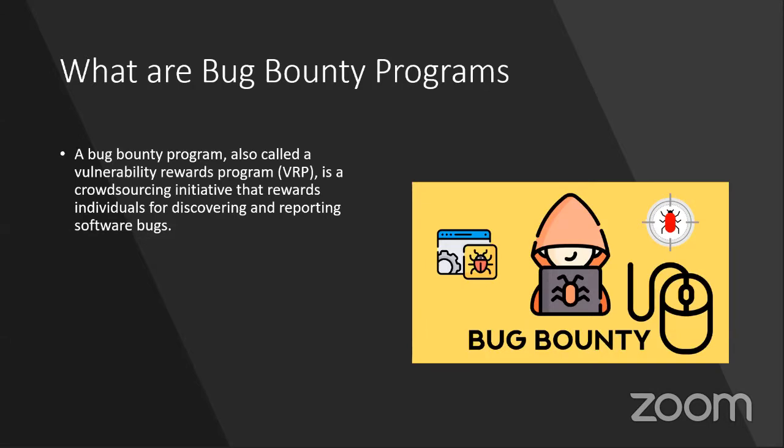When you do hacking and you get caught, you will be behind bars. But if you are doing ethical hacking, suppose you found a bug in Facebook. We will talk about Facebook because we all are active on Facebook.